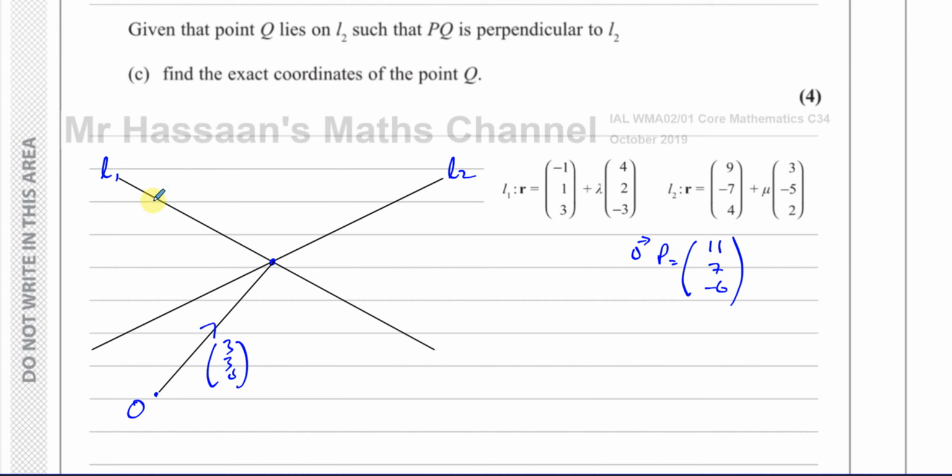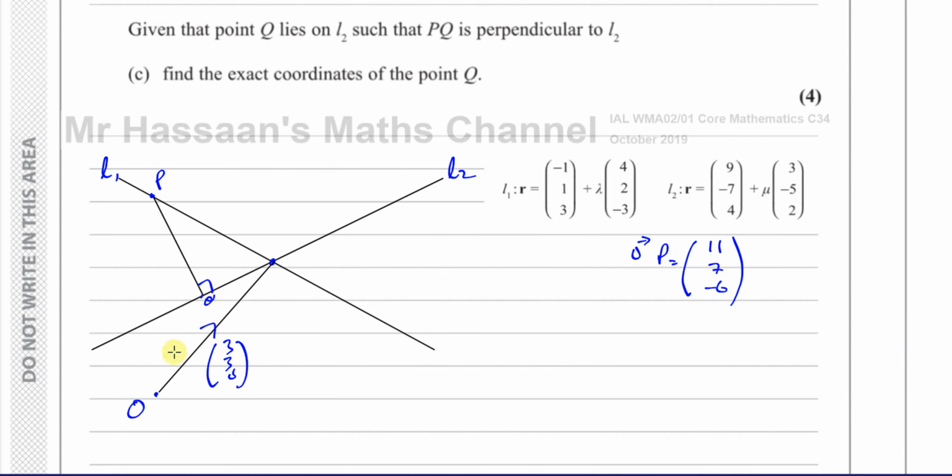So let's say P lies over here on line 1, and Q lies on line 2 such that PQ is perpendicular to line 2. So there has to be a right angle over here at Q.